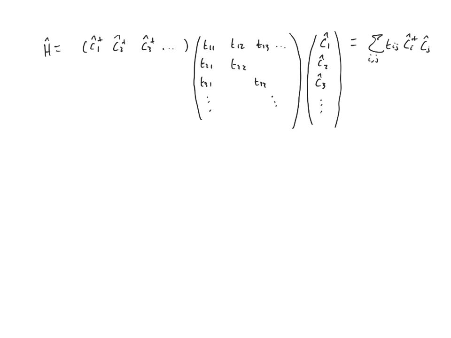But now that we have it, we can perform a canonical transformation of the operators. And the operators that I'm talking about are the c and c dagger operators. Specifically, I'll let c be equal to U times f, where f is some vector of operators.